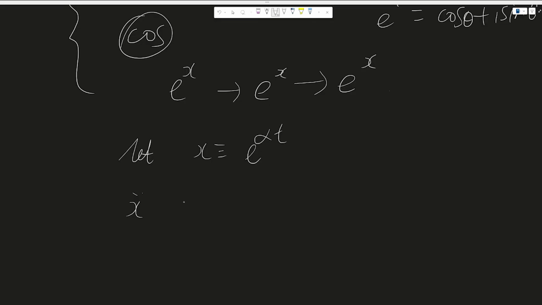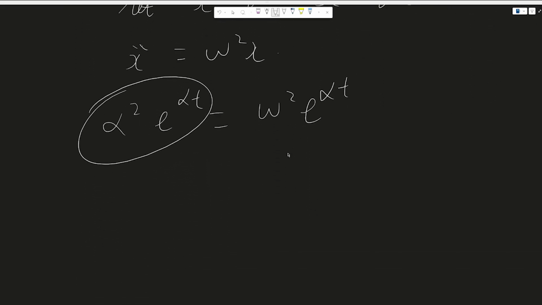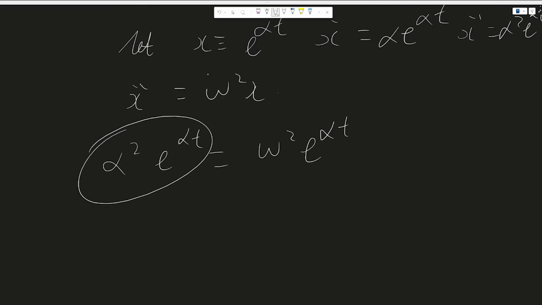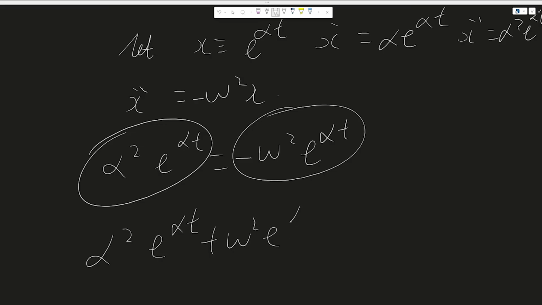Recall that the original formula was x double dot equals negative omega squared x. We know x dot is alpha e to the alpha t, and x double dot is alpha squared e to the alpha t. So this becomes alpha squared e to the alpha t equals negative omega squared e to the alpha t. Moving this to the left side, we have alpha squared e to the alpha t plus omega squared e to the alpha t equals 0, and we can cancel out the e to the alpha t.